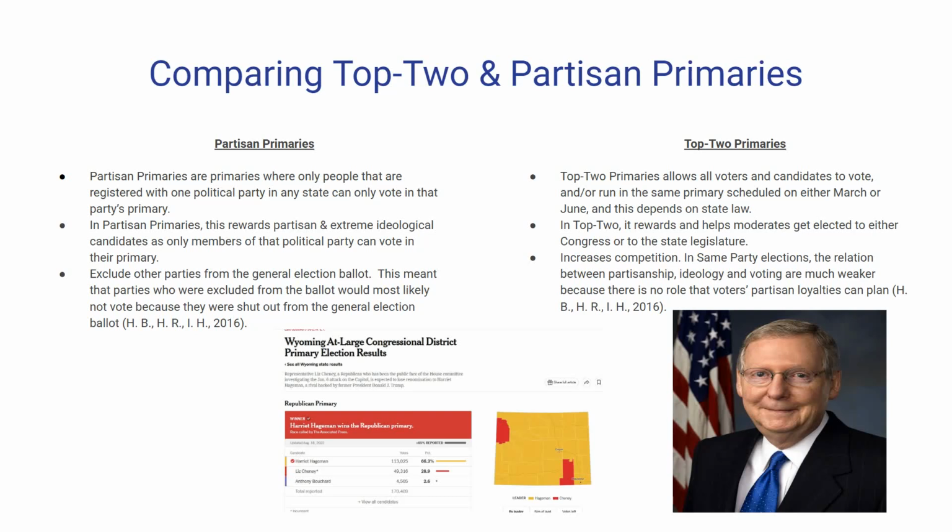So to wrap it all up, top two primaries is where partisanship, ideological partisanship, partisan loyalties or ideology hardly plays a role in electing leaders, because all voters and all candidates, regardless of party, run in the same primary.